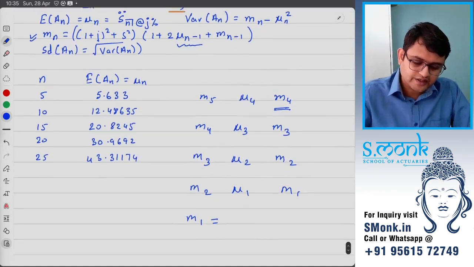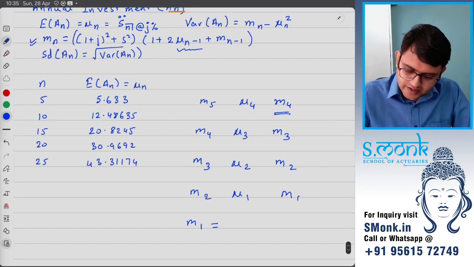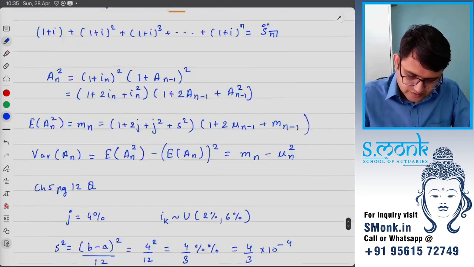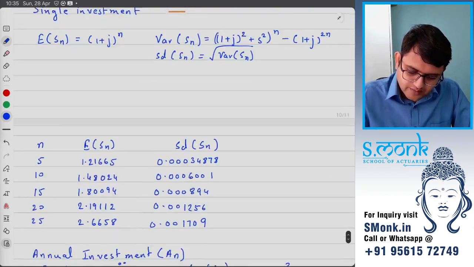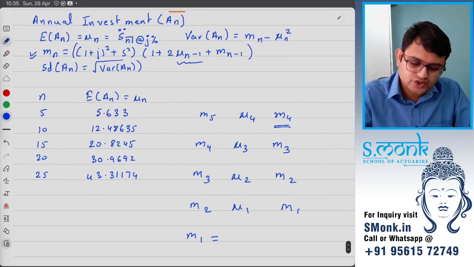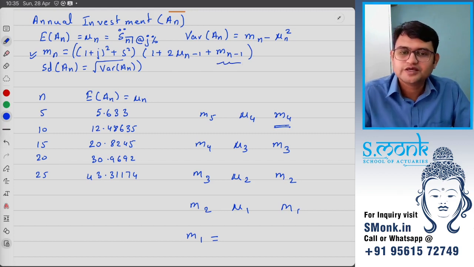For calculating m1, you don't require anything, because m1 will actually be, where is it? Okay, I think we did not write m1, but you can substitute here, and what do we get? Mu 0 will be 0 and m0 will also be 0.